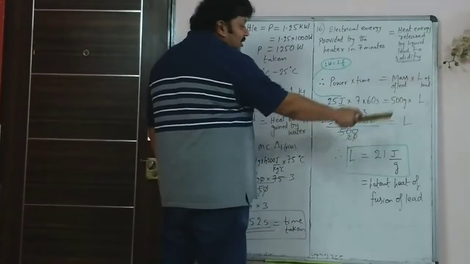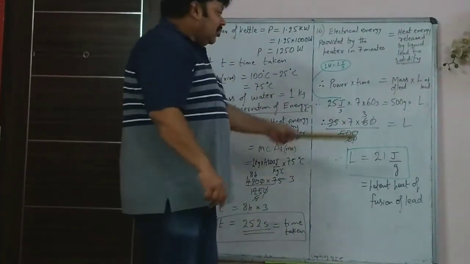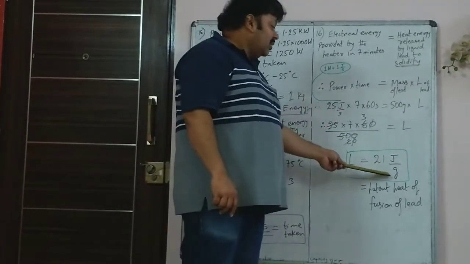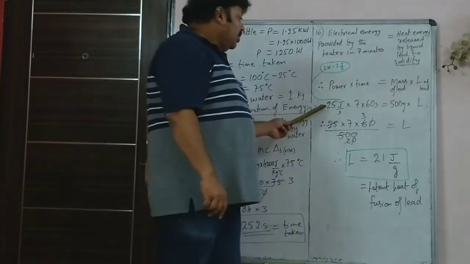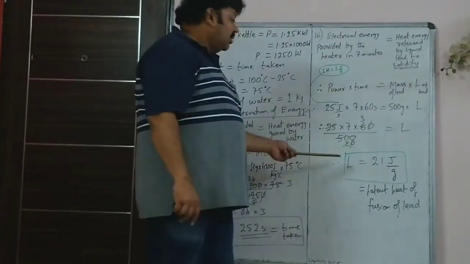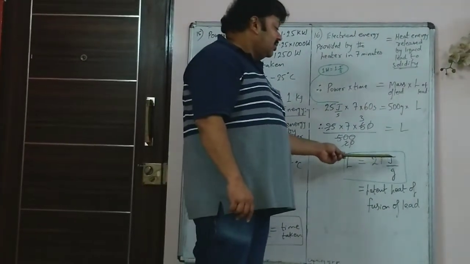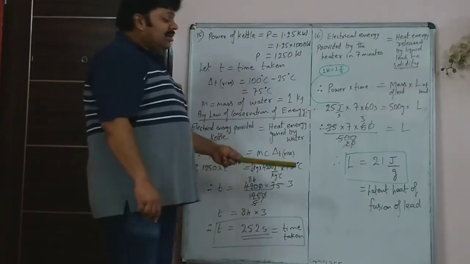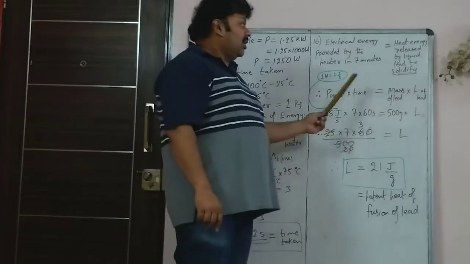And mass of lead is 500 gram. So when you get the denominator here, this is in gram. So that is why the unit is joule per gram. So 25 into 7 into 60 upon 500 gives you LF is 121 joule per gram. That is the latent heat of fusion of lead.